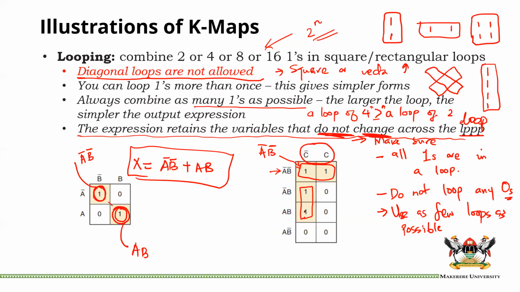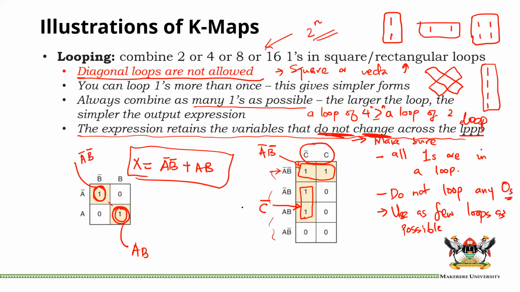You can see vertically that both ones belong to C inverse. So C inverse will already be there. But across now on this side, you can see that this one belongs to A inverse B, whereas this one belongs to AB, meaning that A has changed and B has remained the same.